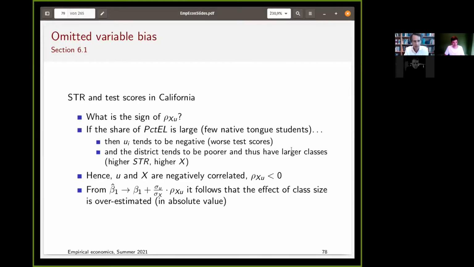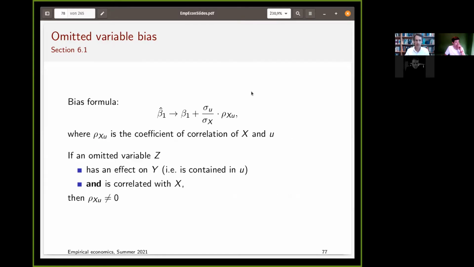So the question now is, what is actually the effect of this omitted variable bias, of this confounding effect, on the sign of the bias we have? As we have just seen in the formula for the bias, it all boils down to the sign of the correlation between the regressor, in this case the class size, and the error term. And that's because on the previous slide, these two terms must be positive.